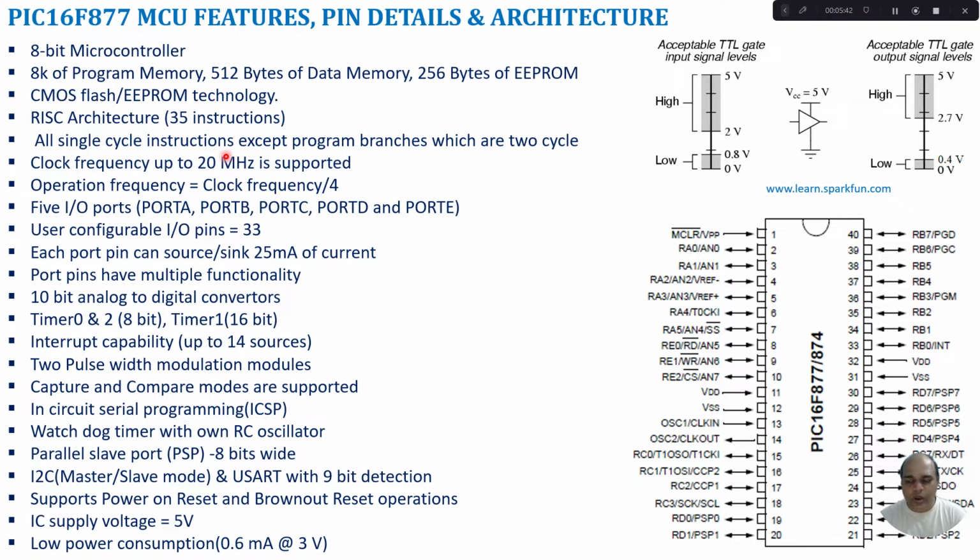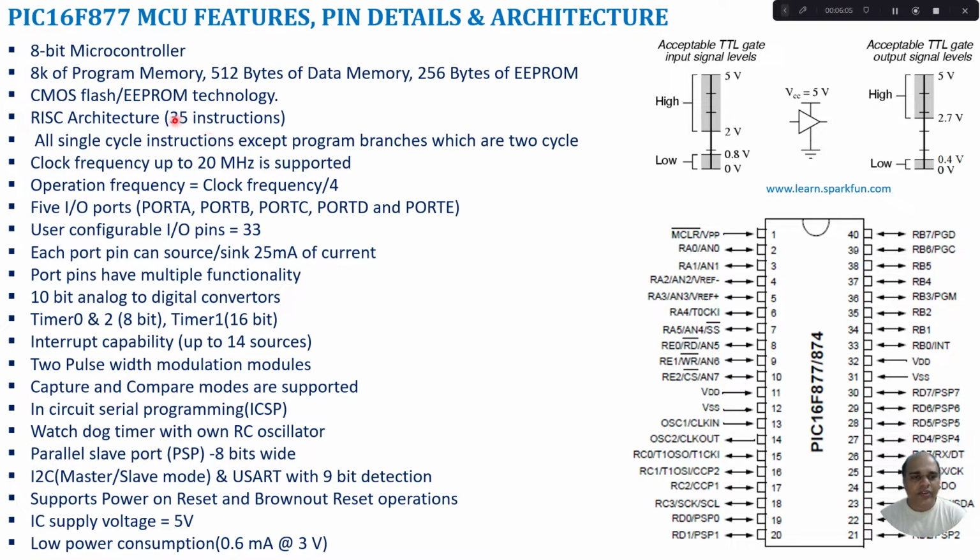It takes only one clock cycle to execute the instruction. Very few instructions, like jump and call, take more than one clock cycle. So most of the instructions in the instruction set of the PIC16F877 get executed within a single clock cycle.